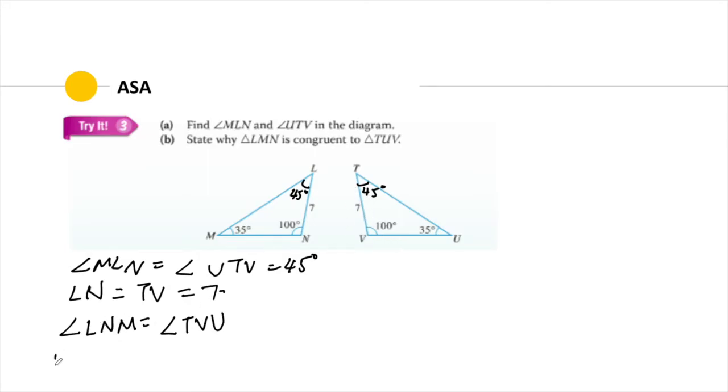Right, so by angle, side, angle, triangle MLN is congruent to triangle UTV.